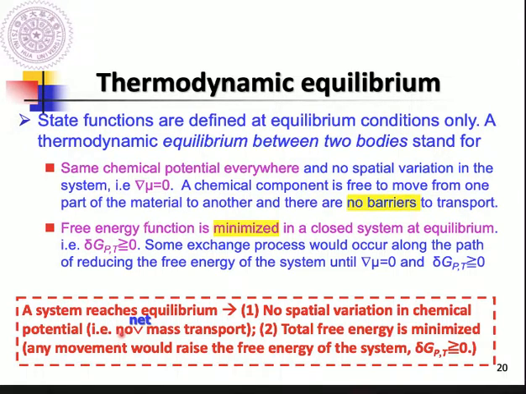That results in no net mass transport. But no net mass transport doesn't mean the atoms just stay there. They still keep moving around. And the second criterion is that the total free energy is minimized, which means any movement will raise the free energy of the system. These are the two criteria we use to describe thermodynamic equilibrium in your systems.